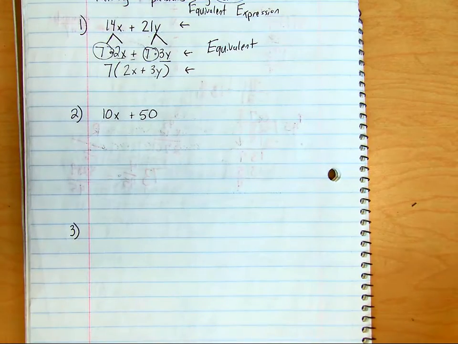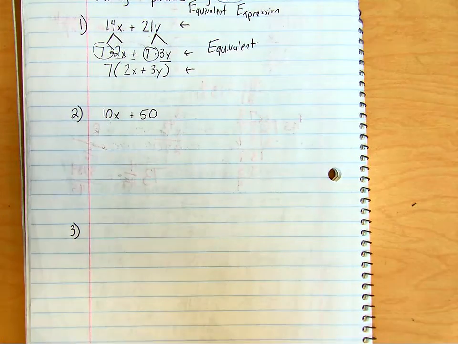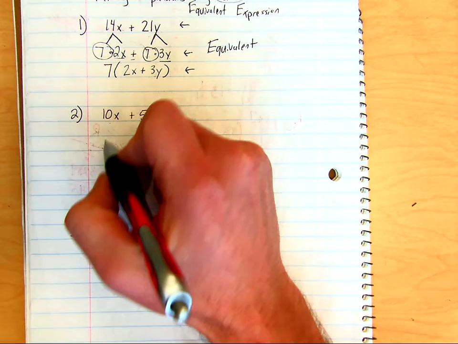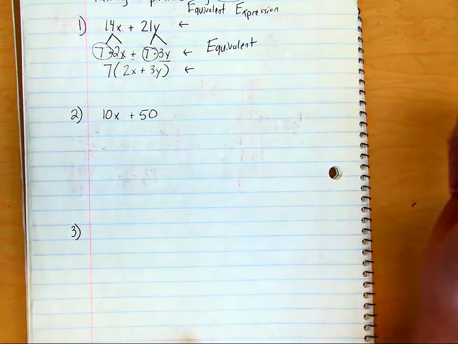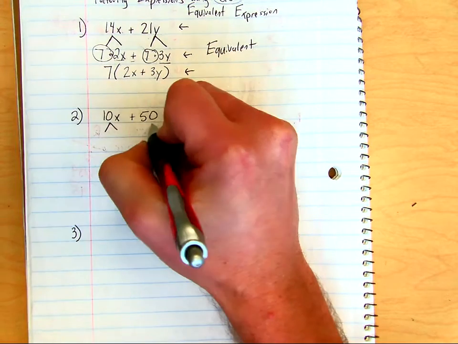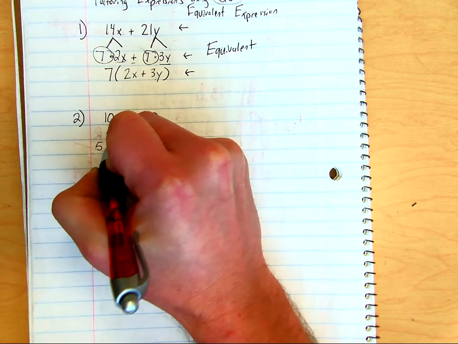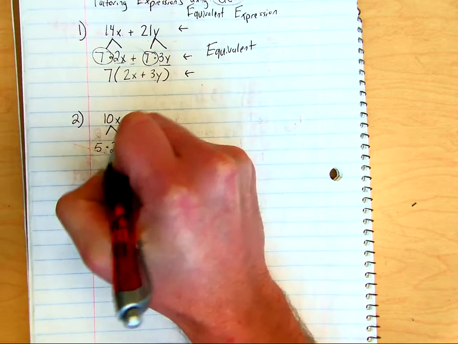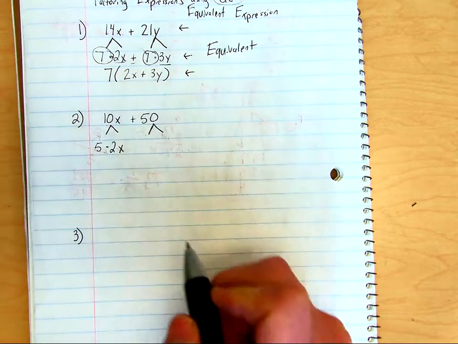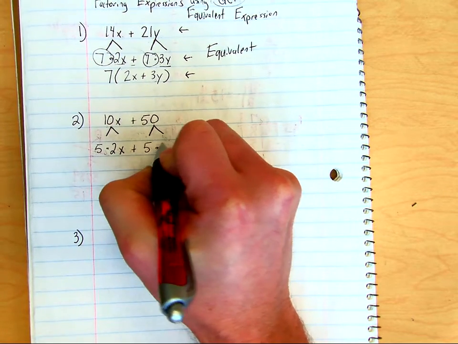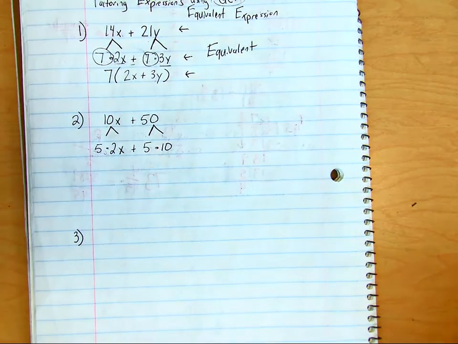Another example here, we want to use the greatest common factor, and I'm going to show you how to find if you did use the greatest common factor or not, and I'm purposefully not going to, so you can see what it looks like. So I know 5 goes into both of these. 10x is 5 times 2x makes 10x, because 5 times 2 is 10, times x, plus 5 times 10 is what's going to make 50.